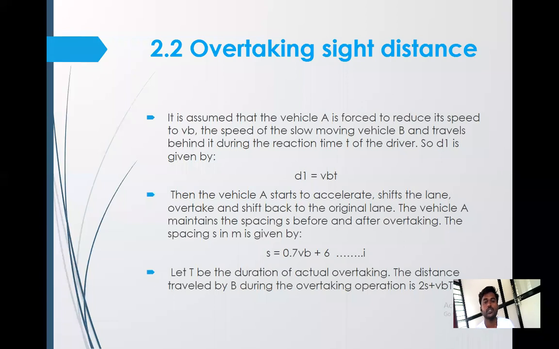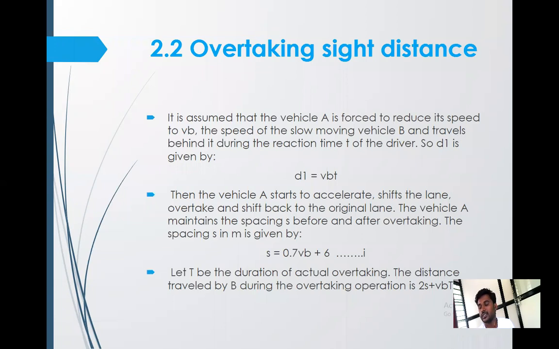Then it is assumed that the vehicle A is forced to reduce its speed to VB, the speed of the slow moving vehicle B, and travels behind B during the reaction time T of the driver. So D1 is given by D1 is equal to VB into T. Please see here carefully. What is D1?